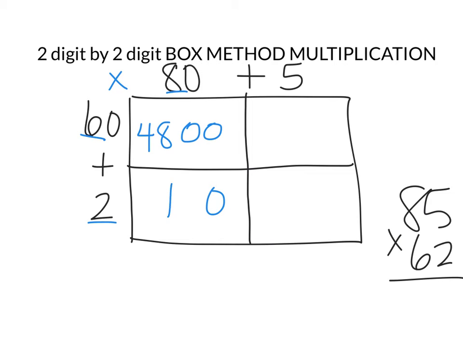Good job, Carmen. So now I have another partial product, but I'm not finished. I still have 2 empty boxes. I multiplied 80 by everything. What if I need to multiply by 5 now? So 60 times 5, so that I hit every corner of the box.